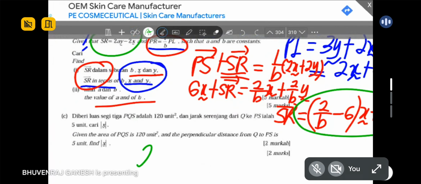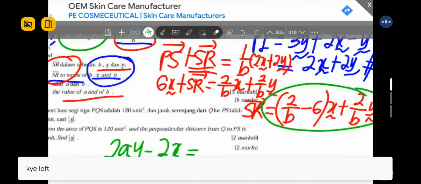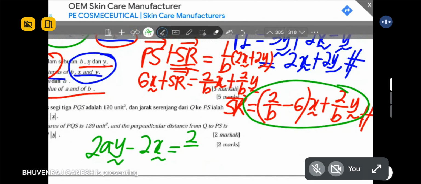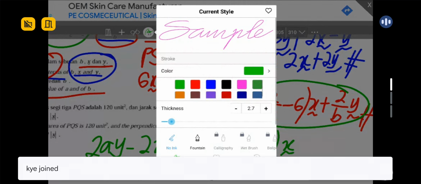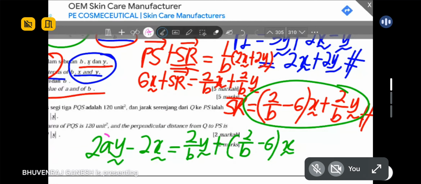So basically you have 2ay minus 2x is equal to 2 over by plus 2 over b minus 6x. Can you see, guys? I equalize the two information. Saya samakan dua-dua info tu. So you compare, guys.